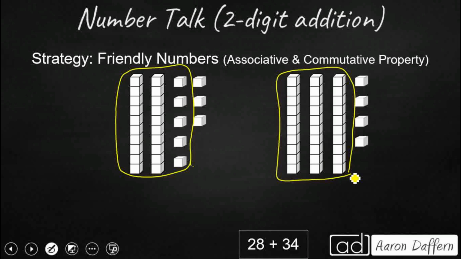So let's see what I would have to do to get 25 and 30. So this 28, I'm going to call that 25, and then I've got 3 left over. And then the 34, I'm going to call that 30. And then I've got 1, 2, 3, 4 left over.